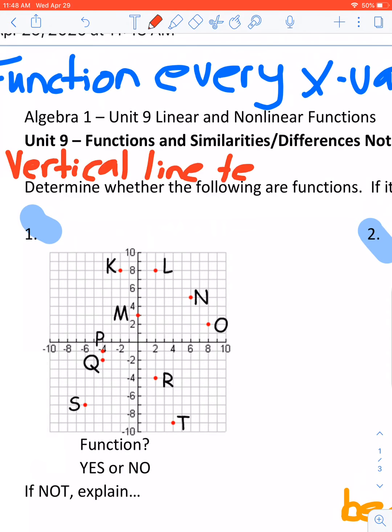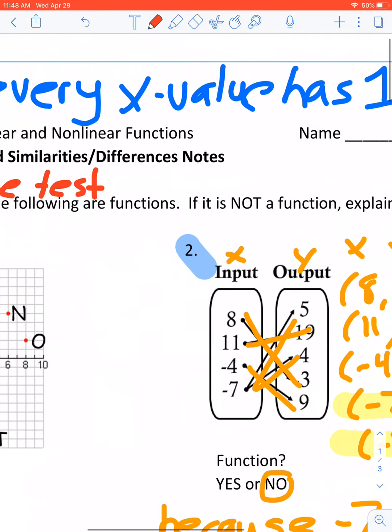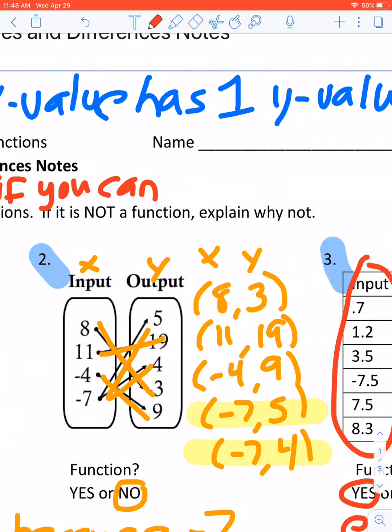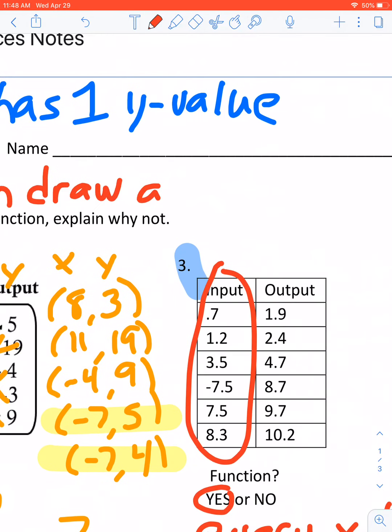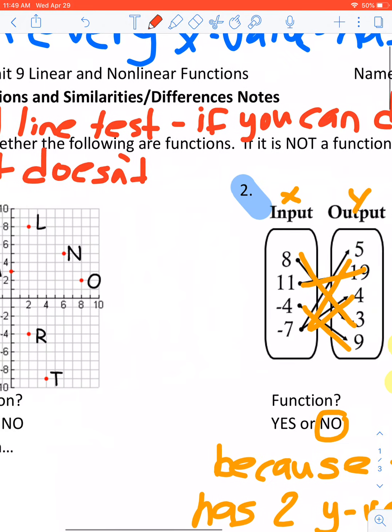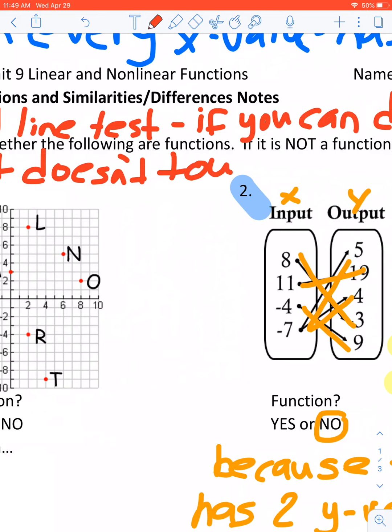Okay? So the vertical line test passes if you can draw a vertical line and it doesn't hit or touch more than one point.